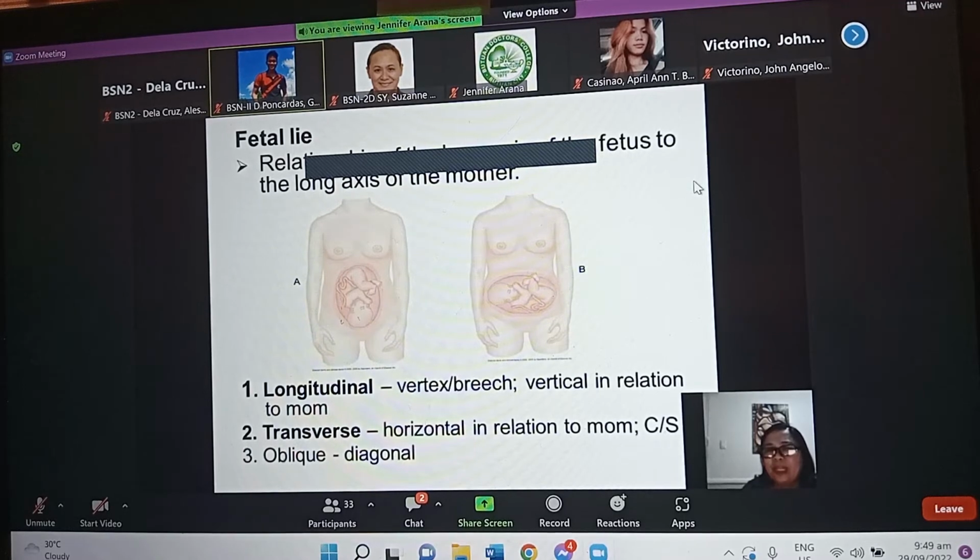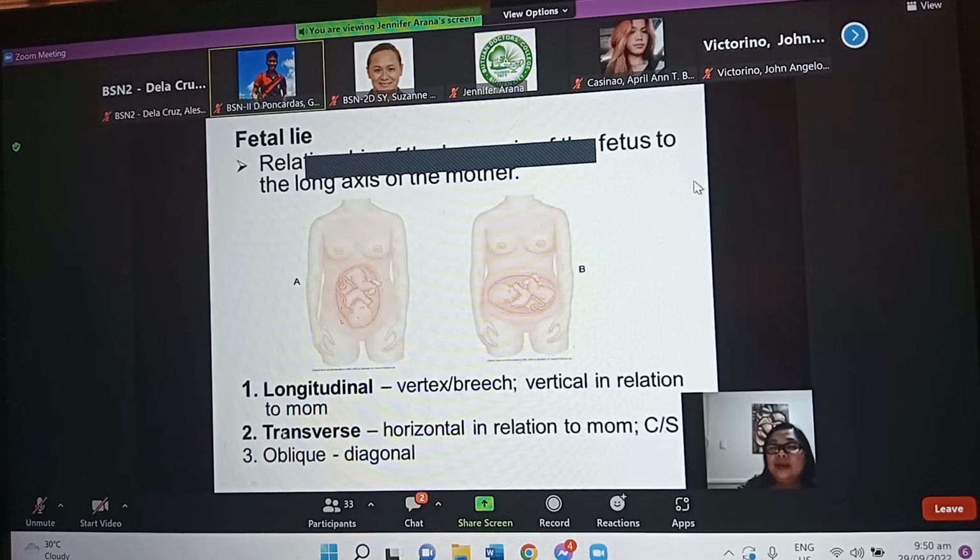Another term which we should remember is the fetal lie. The fetal lie is the relationship of the long axis of the fetus to the long axis of the mother. The reference we use is the spine of the mother and the spine of the fetus.